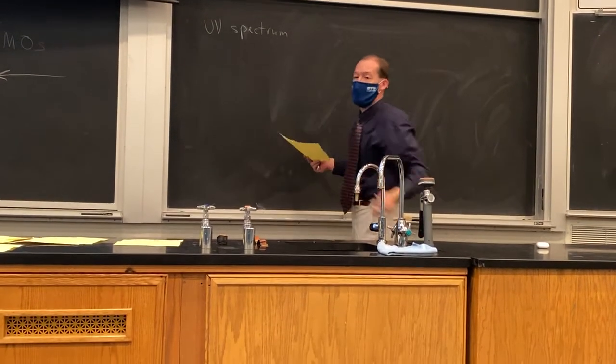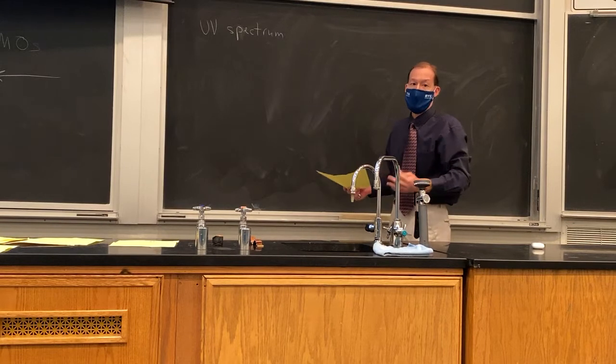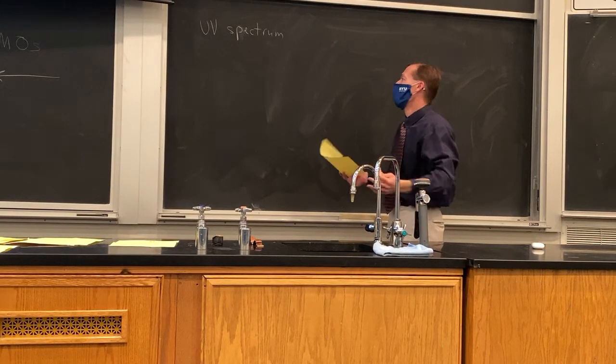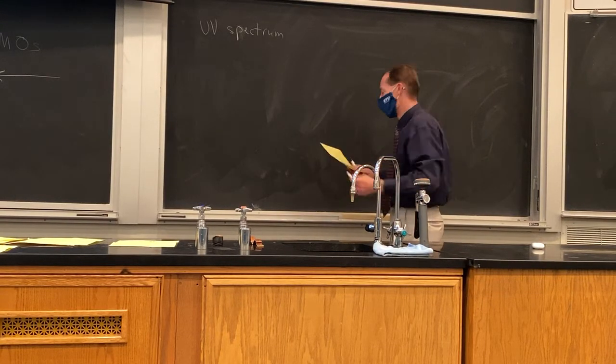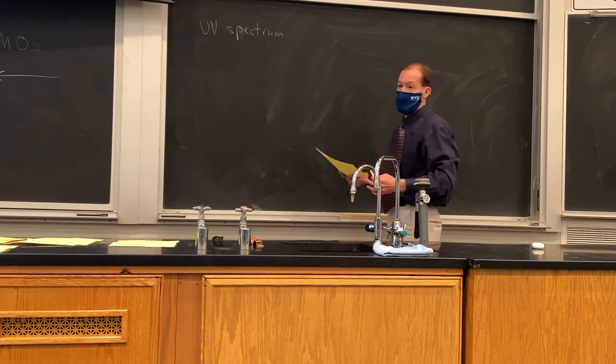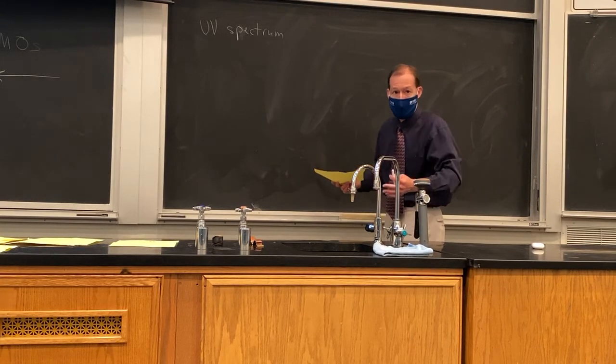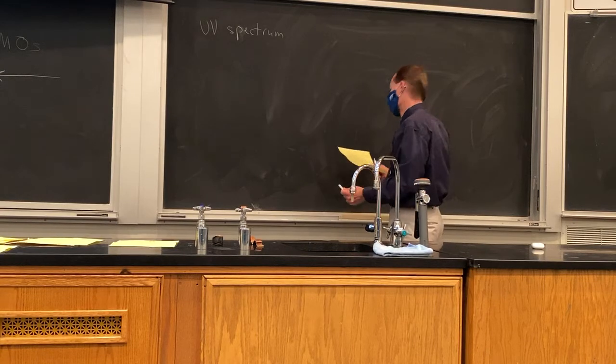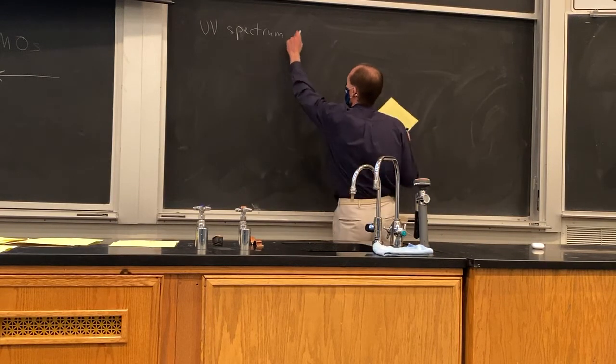Right? In IR spectroscopy, we dealt with infrared radiation, which is lower in energy, longer wavelengths than visible light. In NMR spectroscopy, we dealt with radio waves, which is even lower energy and longer wavelengths.